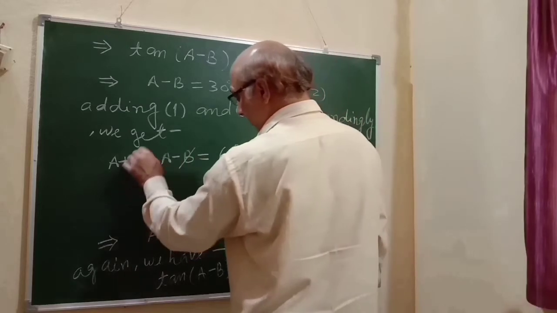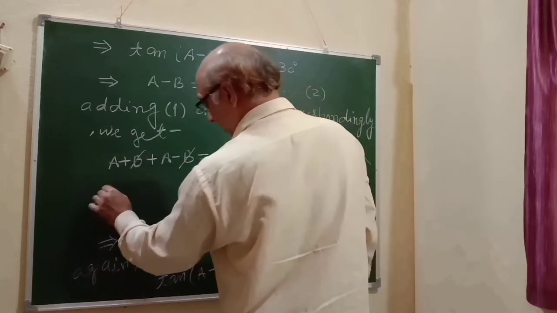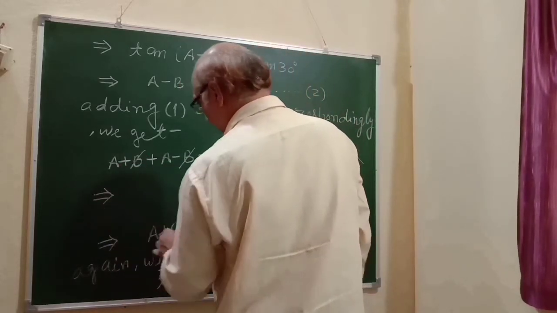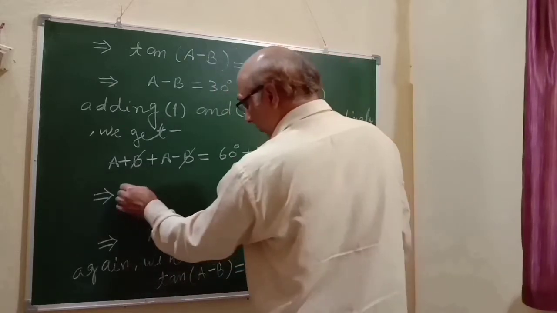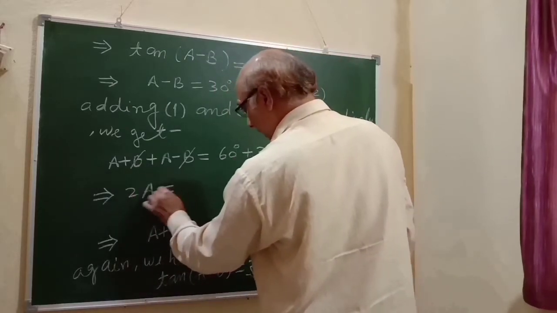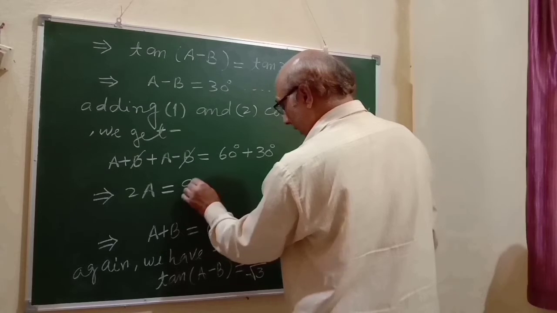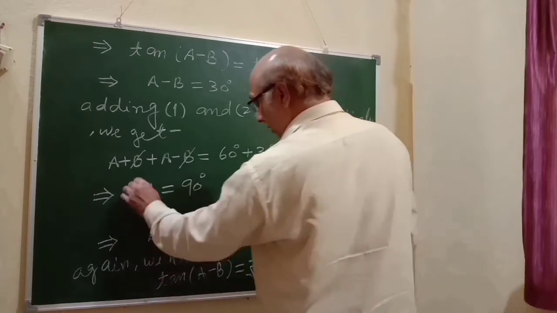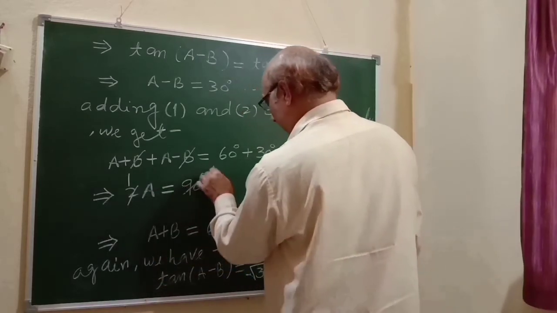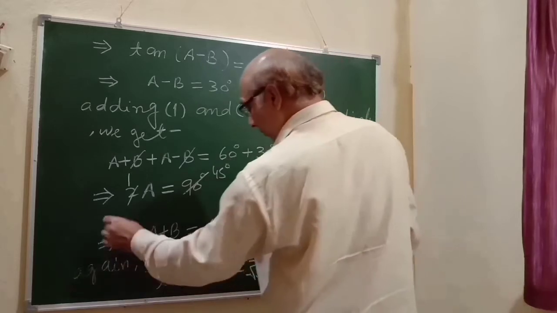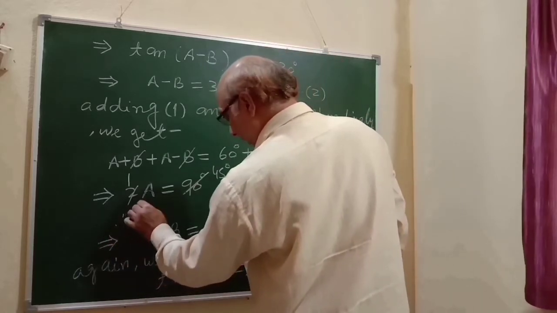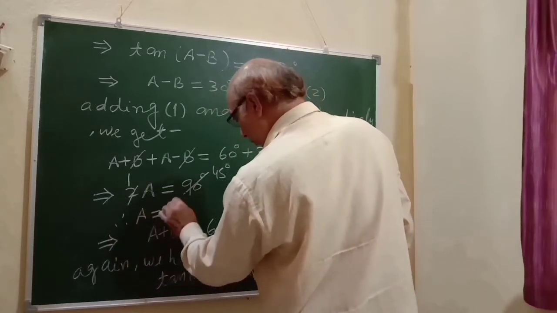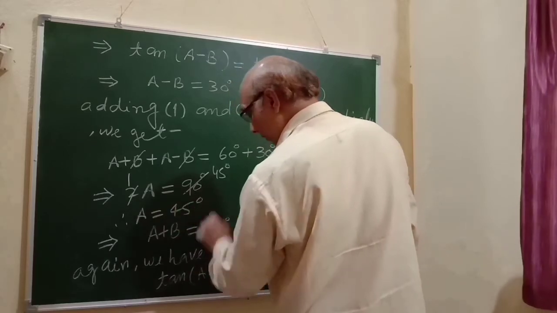Here plus b minus b cancels. We get 2a equal to 90 degree, so a is equal to 45 degree.